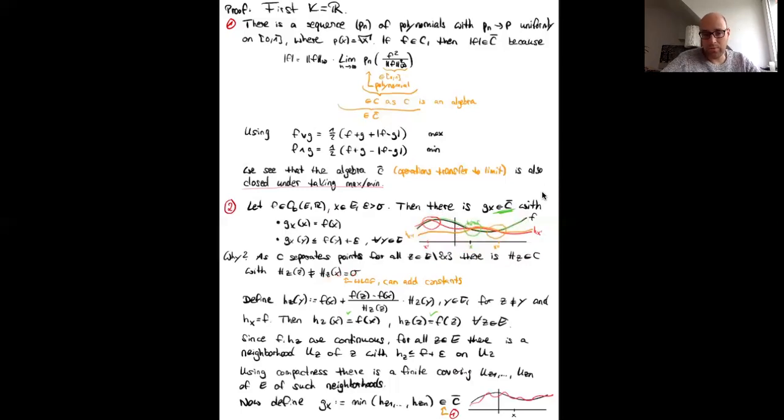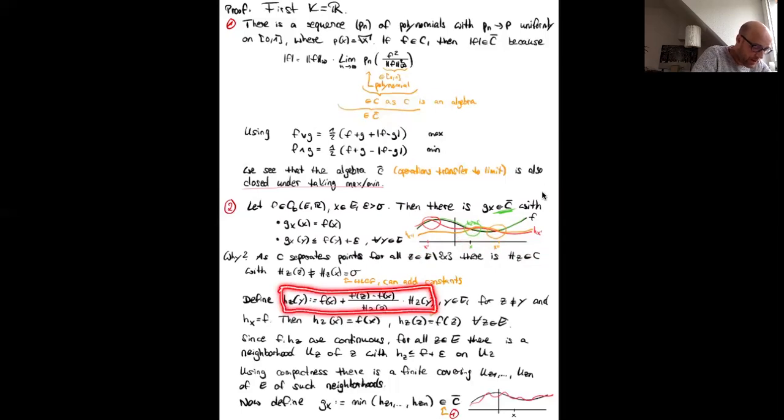If it's not 0, then we just subtract that value from that function. We just shift it down. But if x and z had different values before, well, then they also have different values after the shifting. So we have such a function hz.